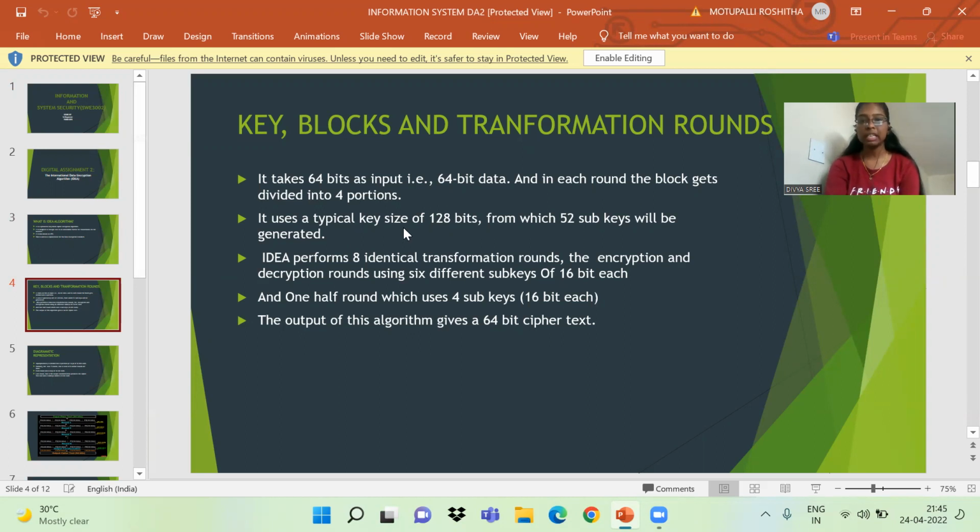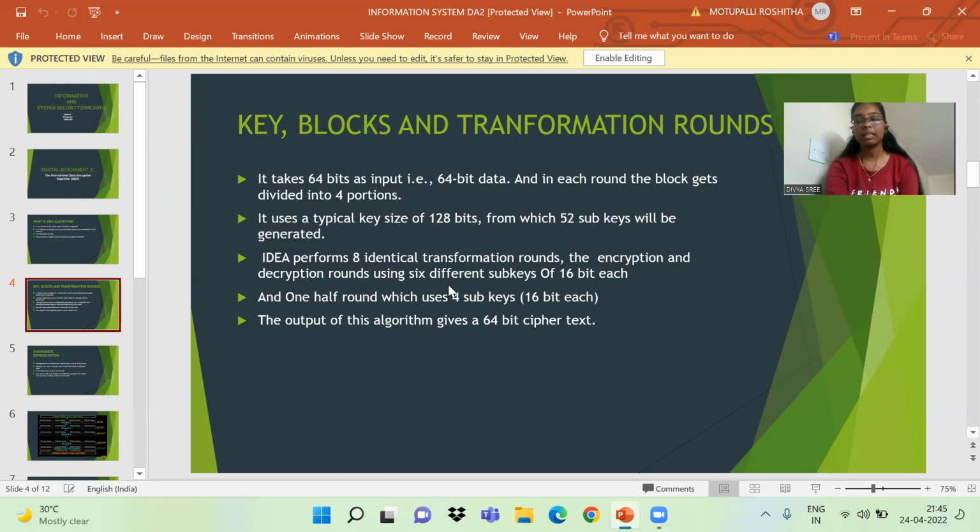The original key, which is of 128 bits, is the key size from which 52 subkeys will be generated. So the original key is divided into 52 subkeys, each of 16-bit size. IDEA performs 8 identical transformation rounds, and the encryption and decryption rounds use 6 different subkeys of 16 bits each.